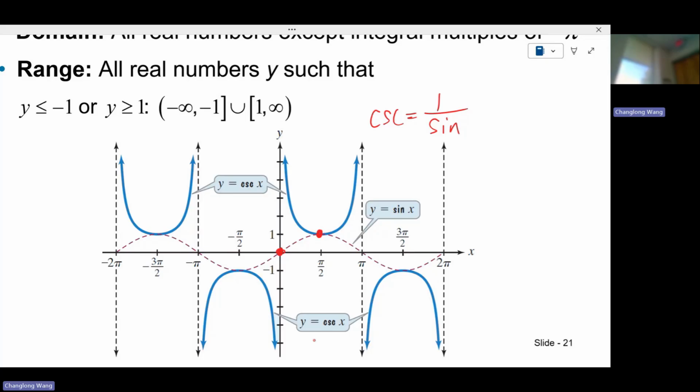Keep that maximum, flip it up, but you have to realize that it does blow up, so it's not going to touch these two vertical lines. And where are those vertical lines? They're always going to be at the x-intercepts of the sine function. Every time you see a zero point, or x-intercept, of the function, you draw a vertical line. Those are the vertical asymptotes for the cosecant.